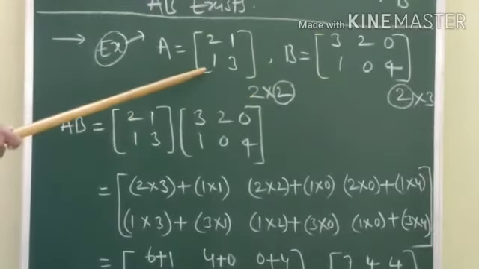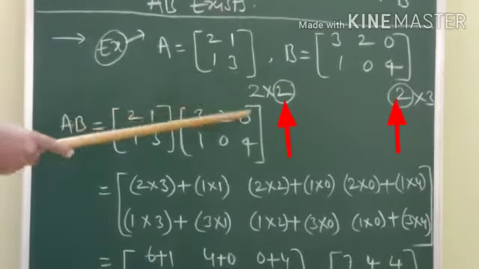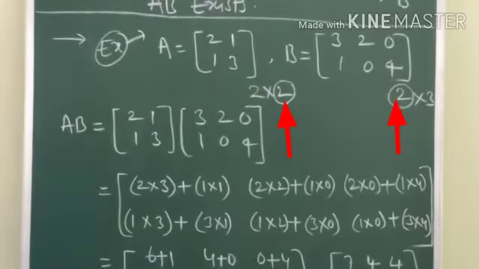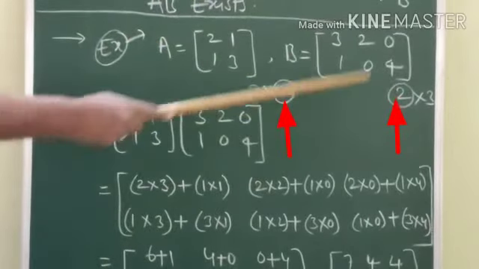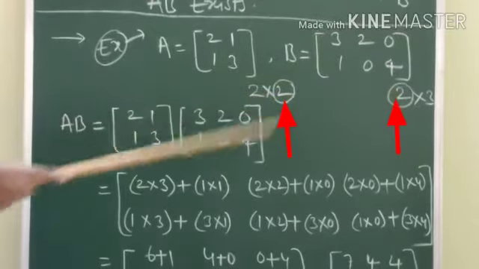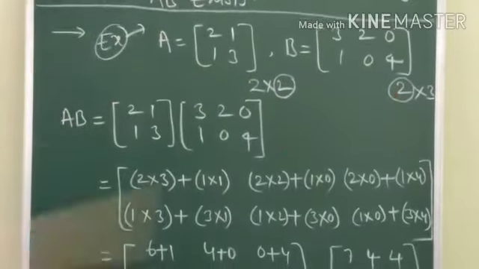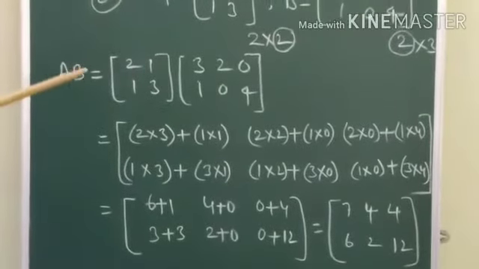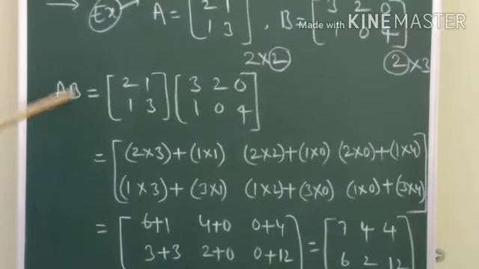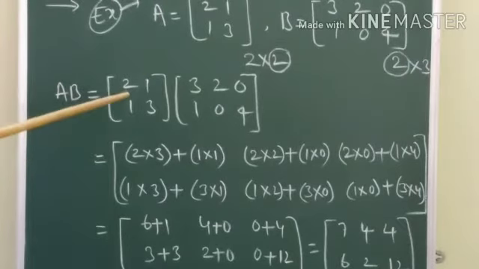In the first matrix we need the number of columns. What is the number of columns? 2. In the second matrix, the number of rows. What is the number of rows? 2. So 2 equals 2. Then only AB exists.